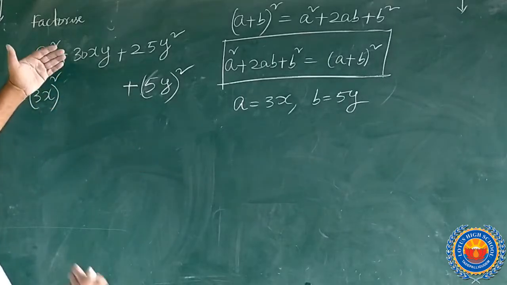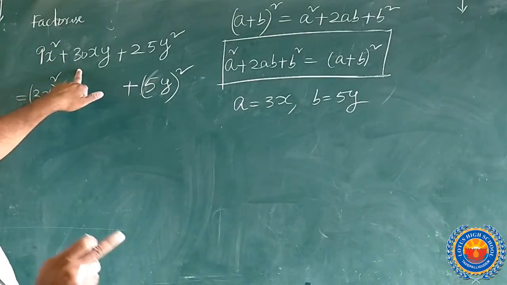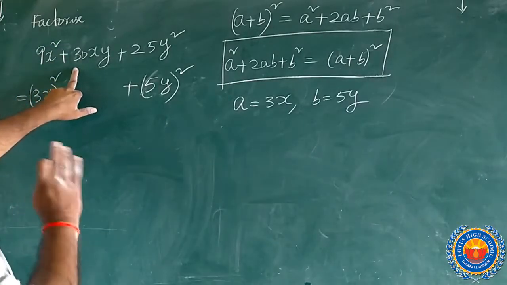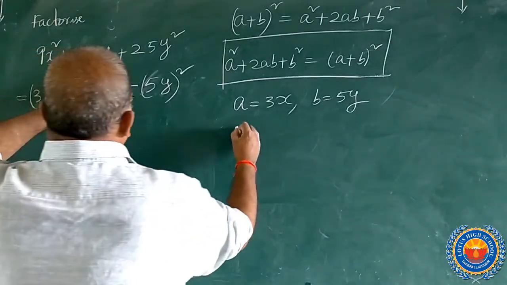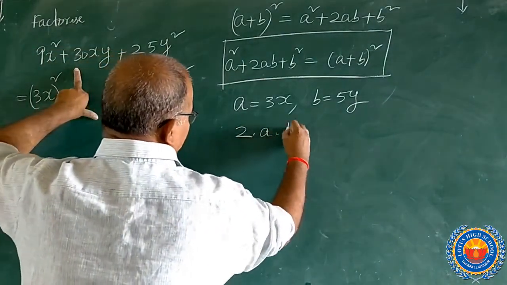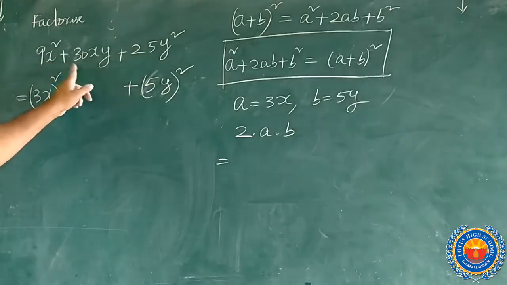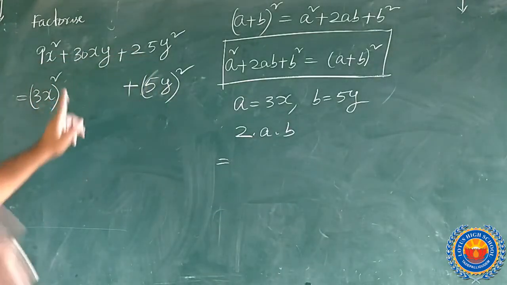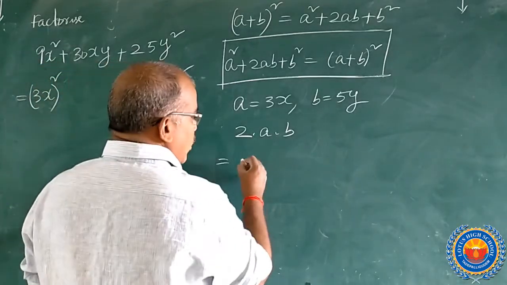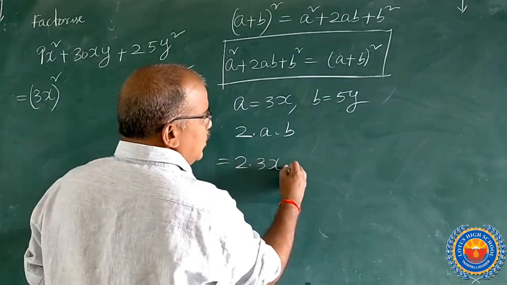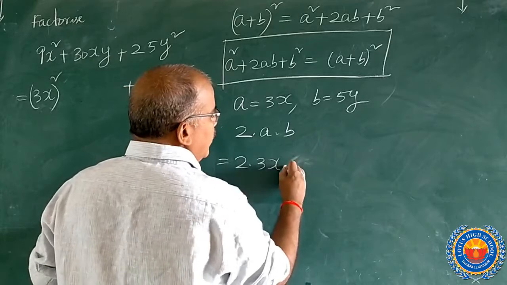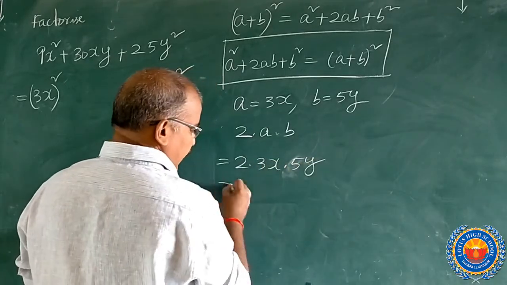Now I have to check whether the 2ab term is matching or not. 2 into a into b. If you multiply 2 into a into b, I should get 30xy. Then only I can factorize. Definitely we will get 2 into 3x into 5y.